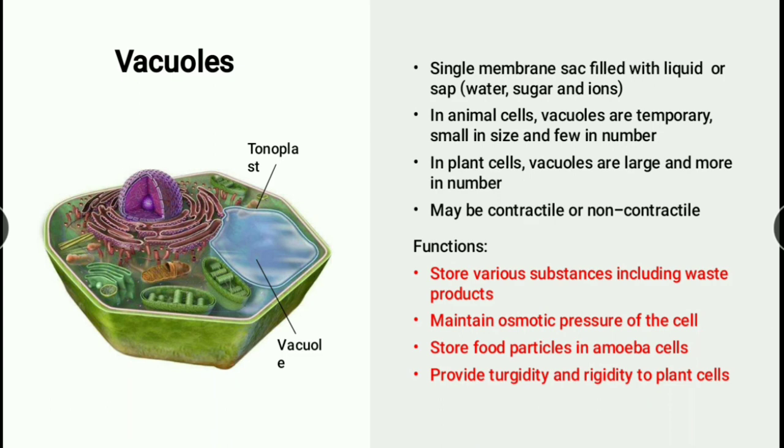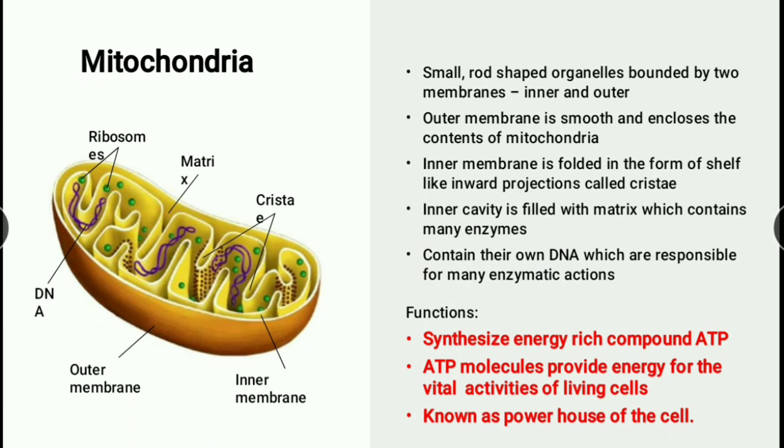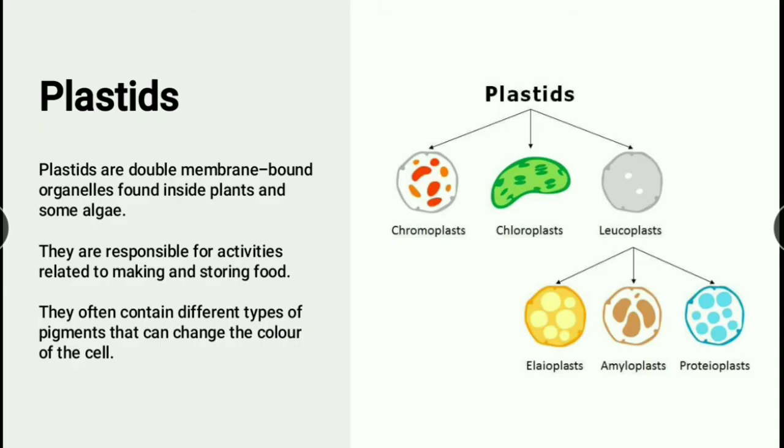It will also store some waste products. And this is the mitochondria. It is also called what? Powerhouse of the cell. That's why it will synthesize the energy rich compound, that is ATP. It will synthesize energy and it will store energy. Hence it is known as the powerhouse of the cell.